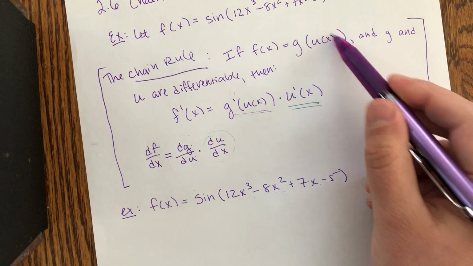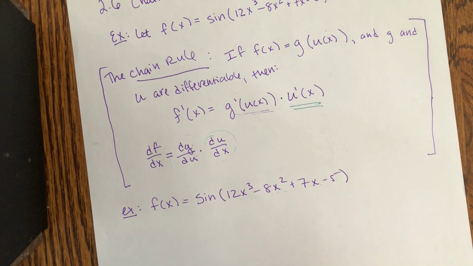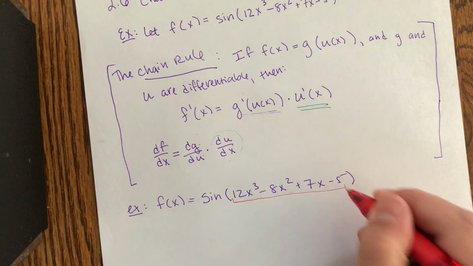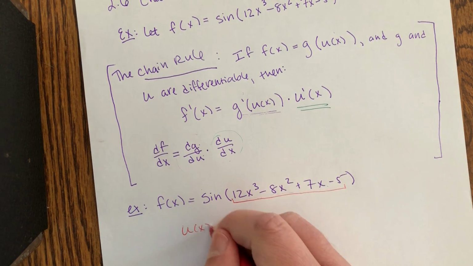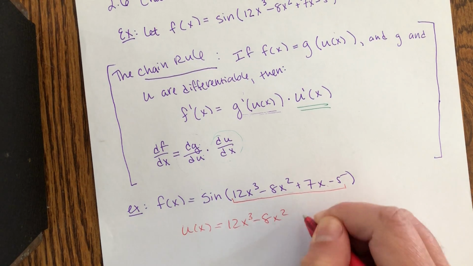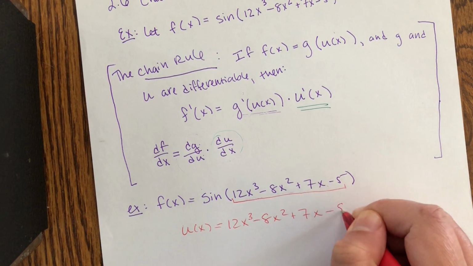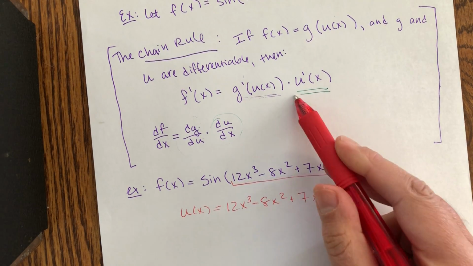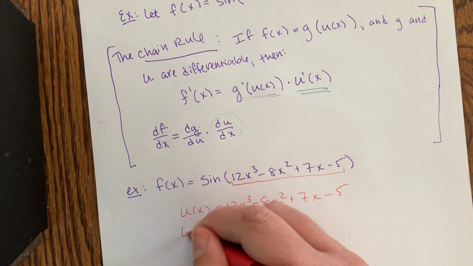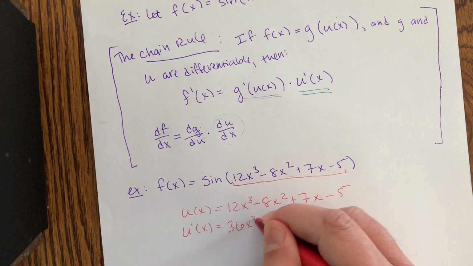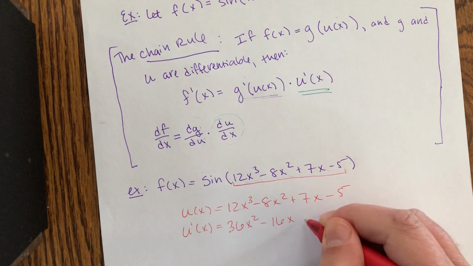So our inner function here, the smaller function that's being plugged in, is the polynomial function. So we're going to call this our u function. Everything in here, this u of x, is the polynomial 12x cubed minus 8x squared plus 7x minus 5. Now I need to know the derivative of that because I know I'm going to have to multiply by u prime of x. This is simple enough. Using the power rule, the derivative would be 36x squared minus 16x plus 7.